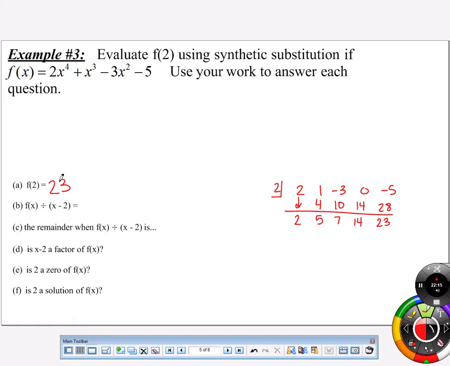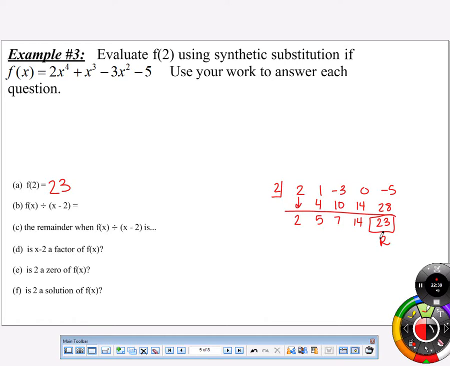Look at my synthetic substitution or synthetic division process. Notice the spot that we called the remainder is 23. So that's not coincidence, okay? It turns out this process can be used the same as substitution or for division.